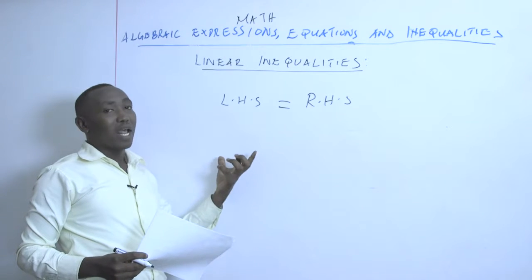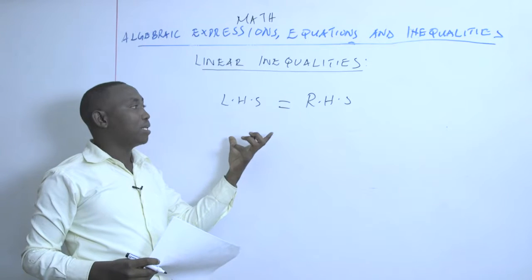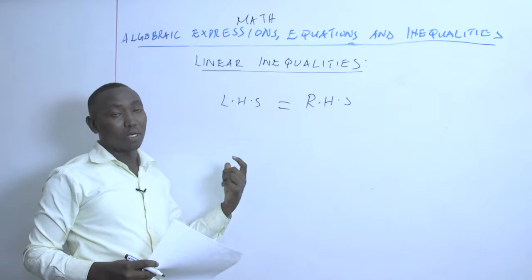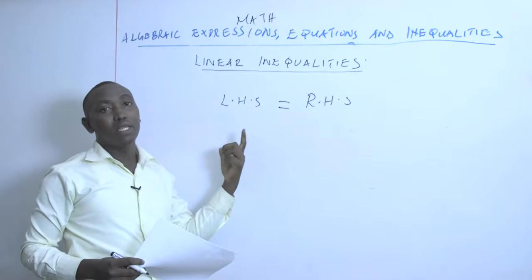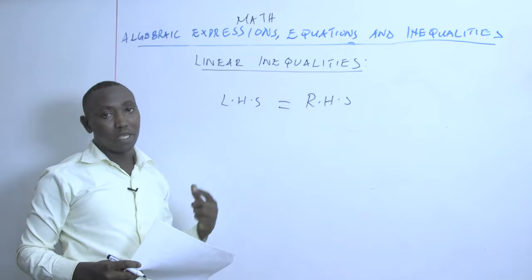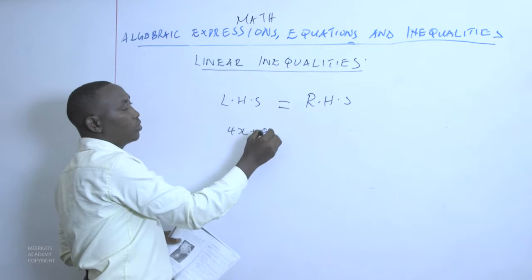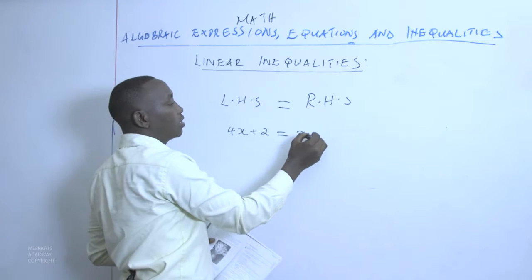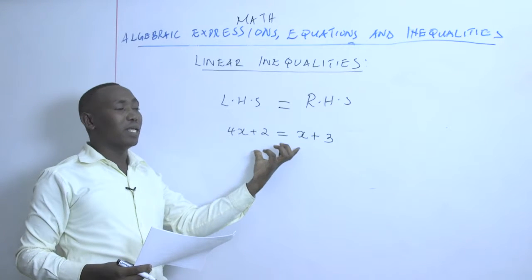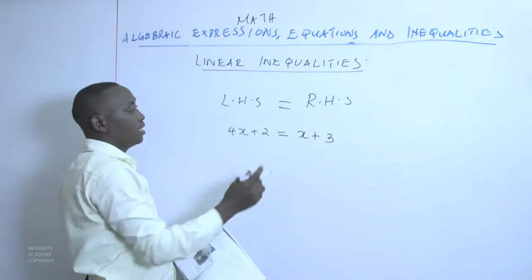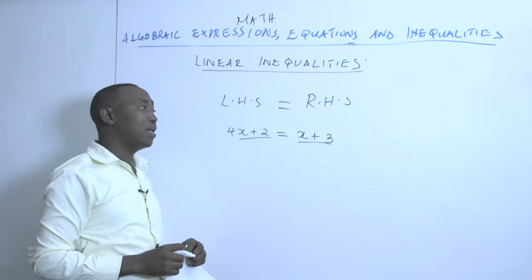You can have equations with pronumerals on only one side of the equation, and some other times linear equations with pronumerals on both sides. A good example is 4x plus 2 is equal to x plus 3. This is an equation that has pronumerals on both sides, that is, on the left-hand side and also on the right-hand side.